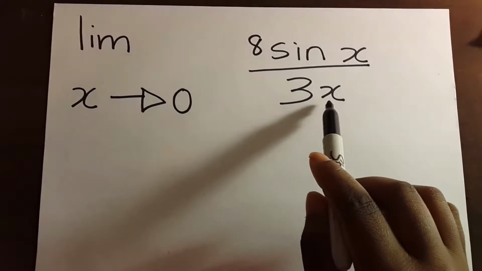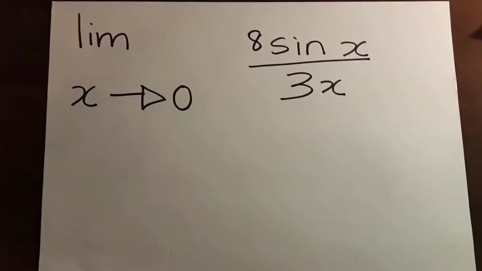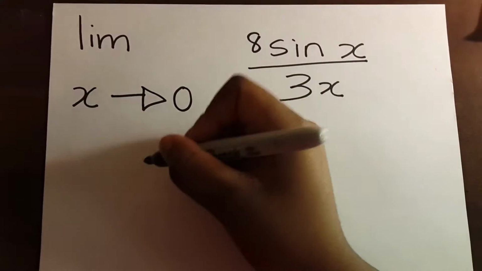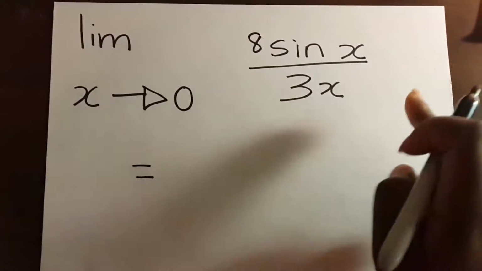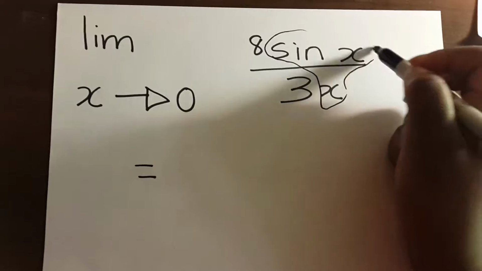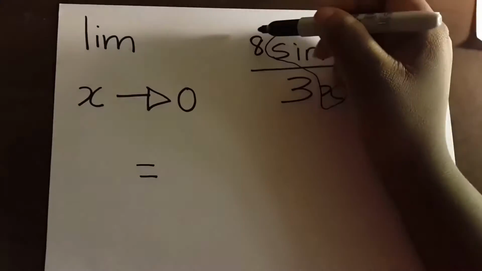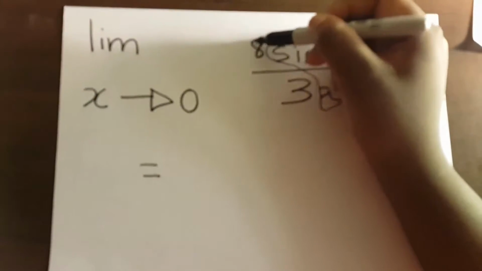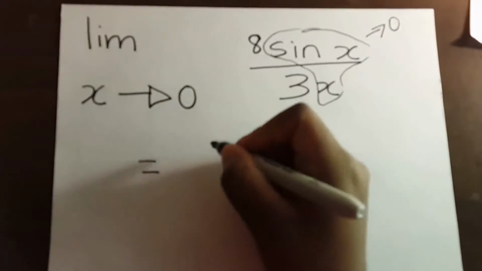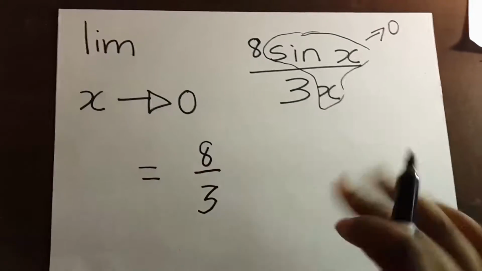So that's not allowed. Since you're given sine x over 3x, this part will give you a 0, right? So what you do is take the coefficients of the top and the bottom. Your answer will just be 8 over 3.